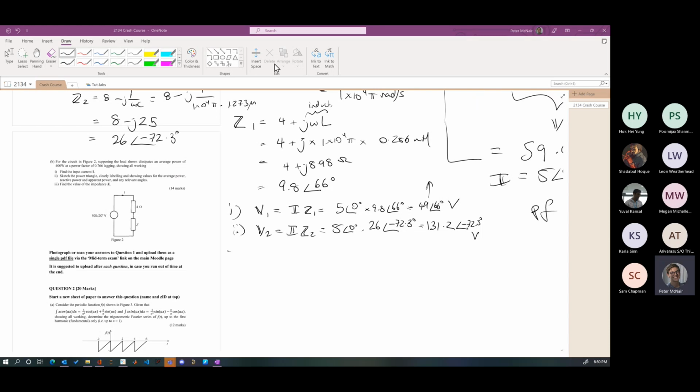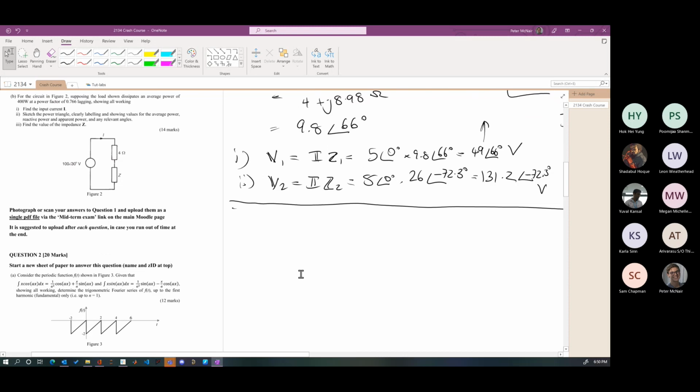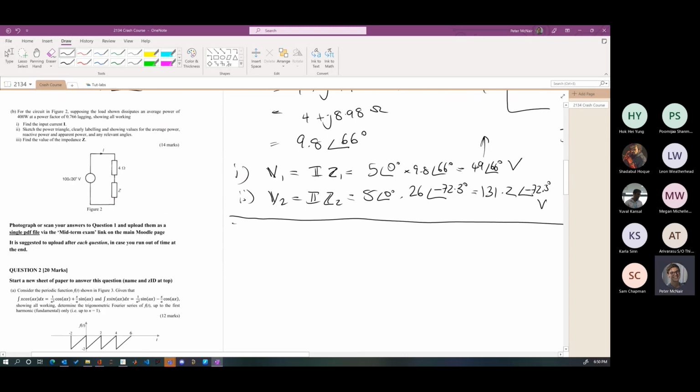So we've got an average power equal to 400 watts. And we've also been given a power factor, we'll call this 1b, equal to 0.766, lagging.